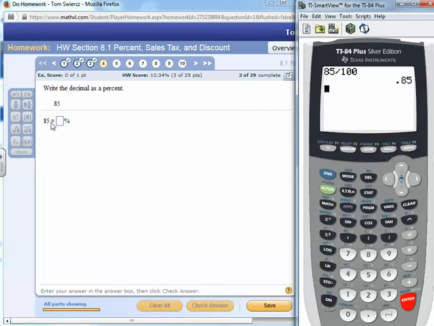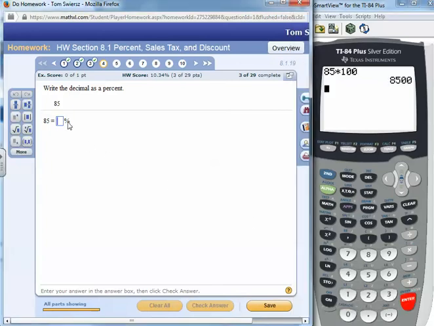So 85, you move it 2 places to the right. Again, it's a decimal. I'm thinking it the other way. So 85 times 100, and that would be 8,500%. Okay, I was doing it the other way, sorry. That's a decimal. I was thinking it was a percent, but it is a decimal, so you move it to the right again.